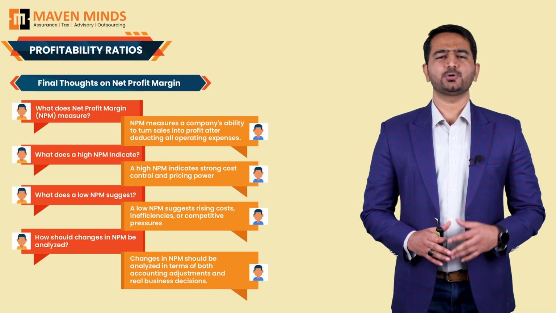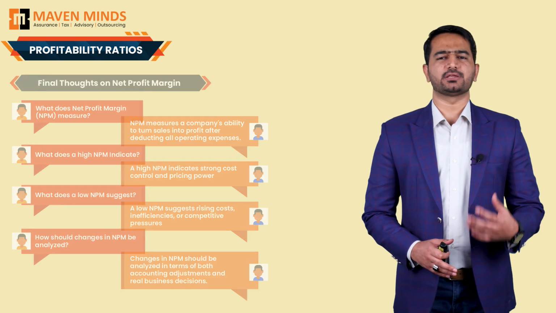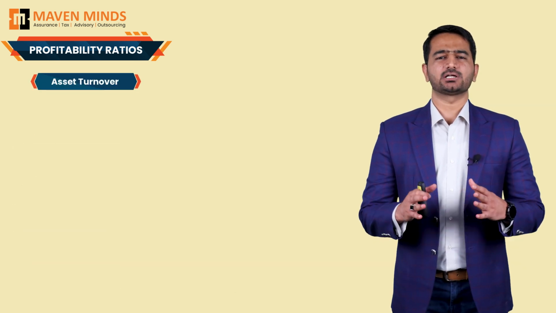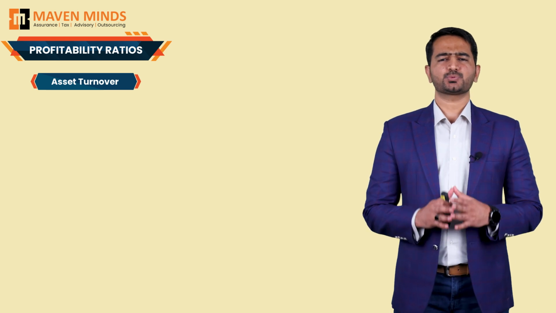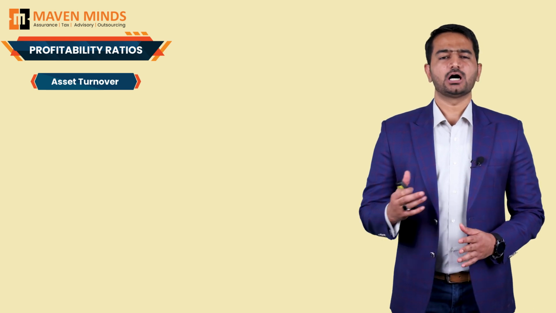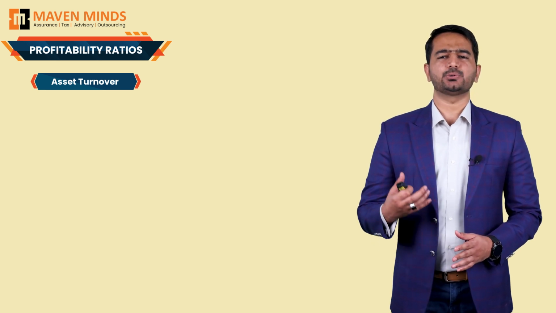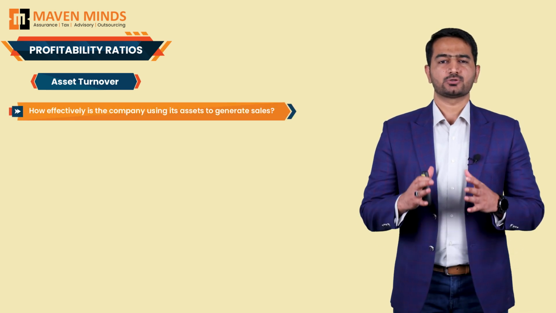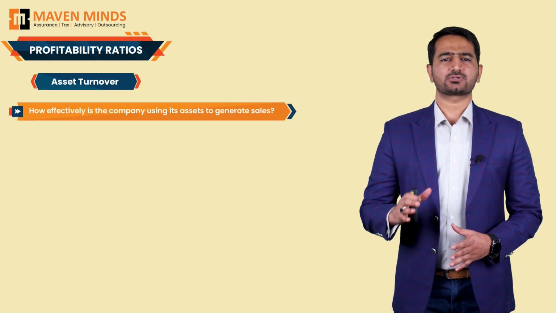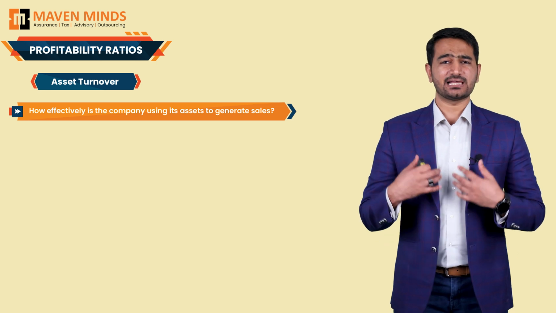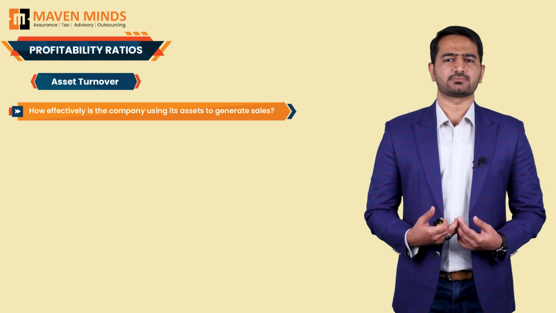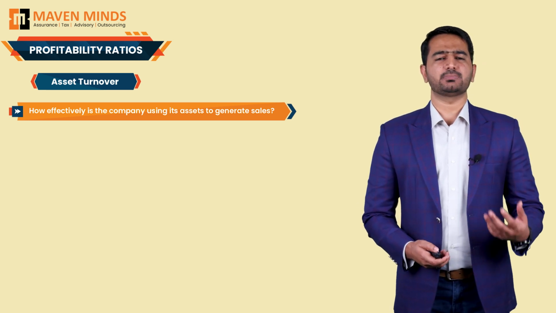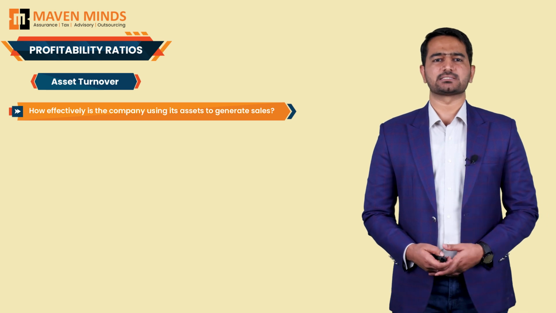Now let's move on to another crucial profitability ratio, the asset turnover ratio. This one focuses on how efficiently a company utilizes its assets to generate sales. So far, we have discussed gross profit margin, which tells us about pricing strategy and how much profit is made per dollar of sales.